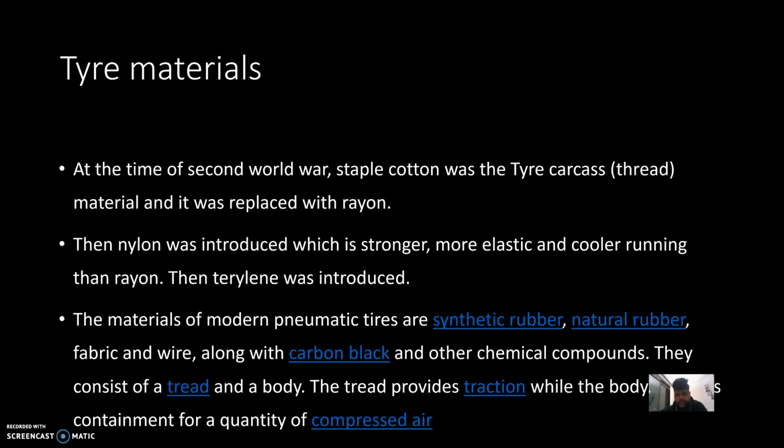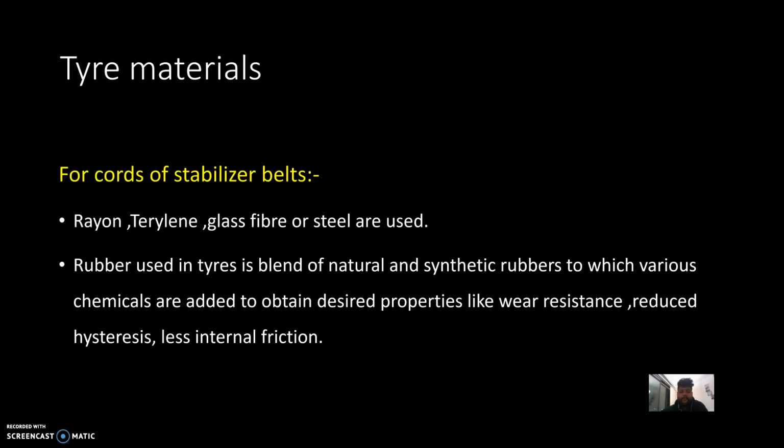And they consist of the tread and a body. The tread provides traction, while the body provides containment for a quantity of compressed air. For the cord of the stabilizer belt, rayon, Kevlar, glass fiber or steel are used.